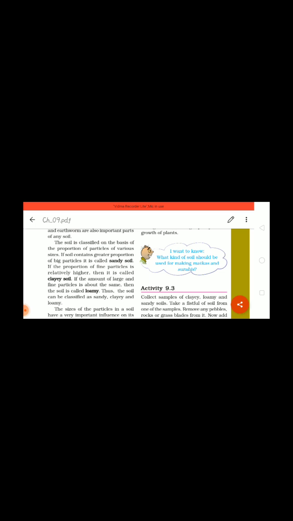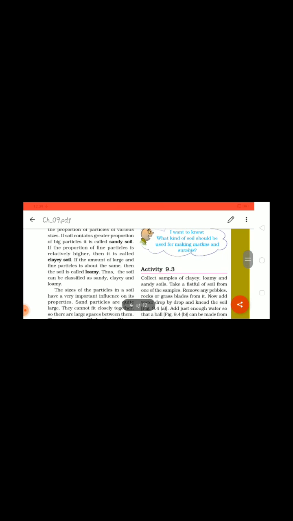Clear? Loamy soil can be used for planting purposes. They have some humus, they have some nutrients, so that it can help for growth of plants. So finally we have divided the soil into three types: sandy soil, clay soil, loamy soil.